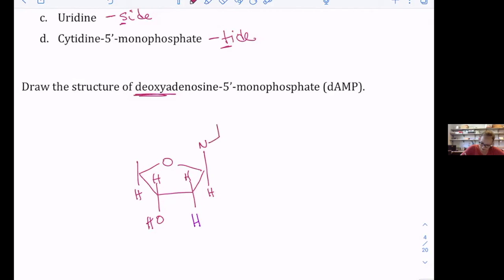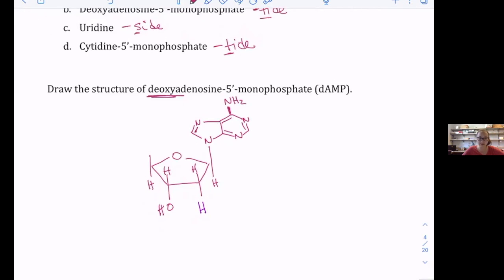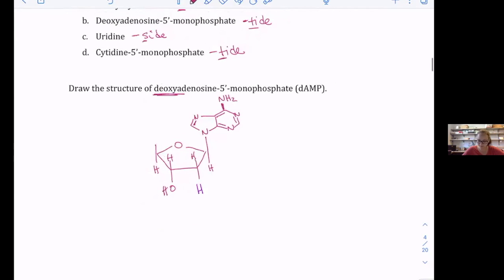We have that 5-membered ring, which I drew really badly. There we go. Next to a 6-membered ring. Add in all of our decorations here. So just being careful to make sure we have everything exactly correct on that structure.